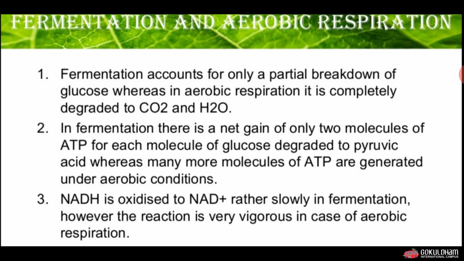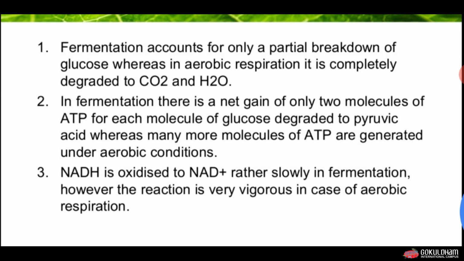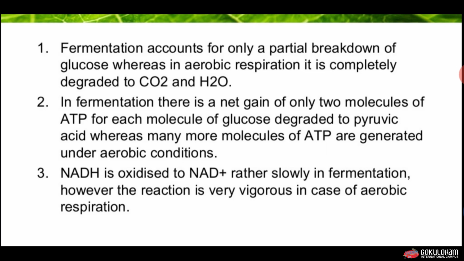First let us see anaerobic respiration or fermentation: glucose produces only 2 ATP, and in aerobic respiration it produces 36 ATP. The NADH is oxidized to NAD plus rather slowly in fermentation. However, the reaction is very vigorous in the case of aerobic respiration.